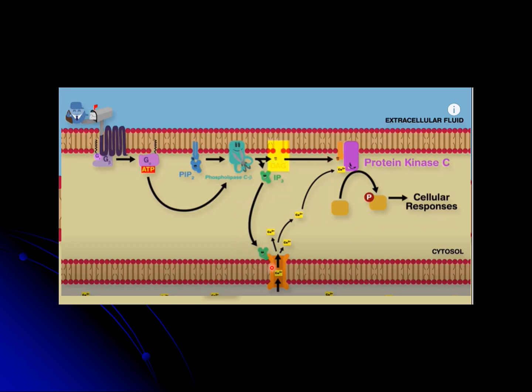IP3 then causes the release of calcium, and through calcium and protein kinase C there is activation of the cellular responses. So this is the GQ coupled mechanism, in which there is activation of phospholipase C, protein kinase C and DAG.